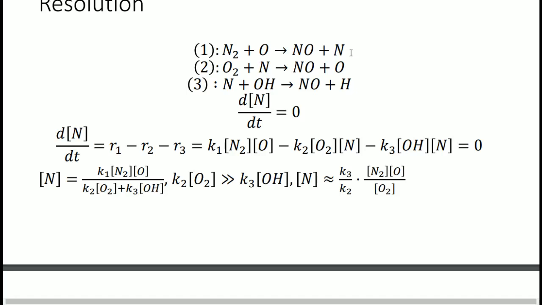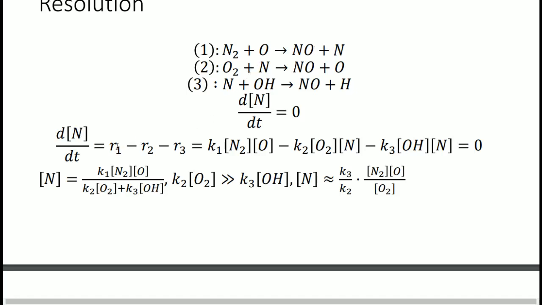By an approximation that is very used in a mechanism, you say that the derivative of N over time is equal to 0. We just say that the variation of N is nearly equal to 0 because the quantity is very small.